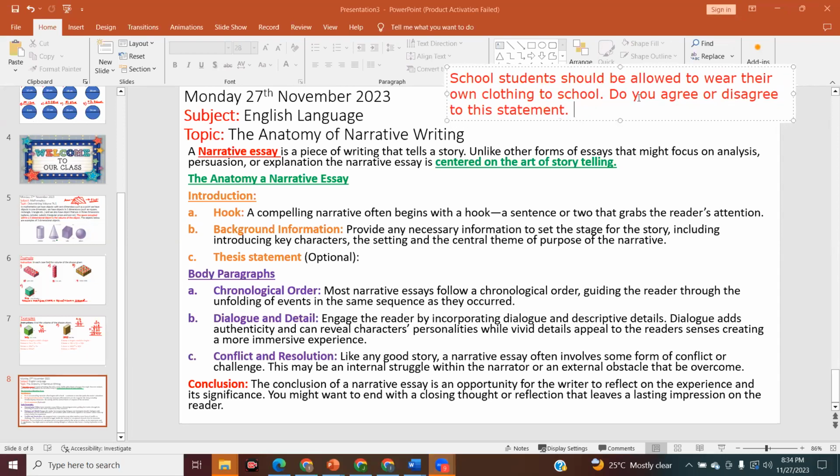School students should be allowed to wear their own clothing to school. Do you agree or disagree with the statement? All right, put your answers inside the chat for me. Again, if you think it's a narrative essay, put yes. If you think it's not a narrative essay, put no.